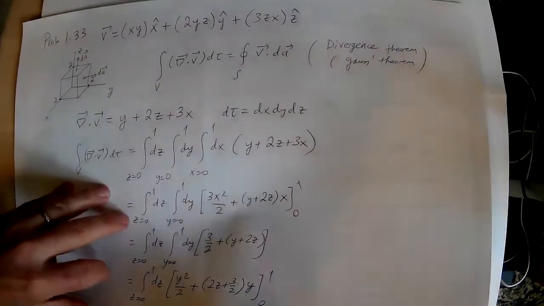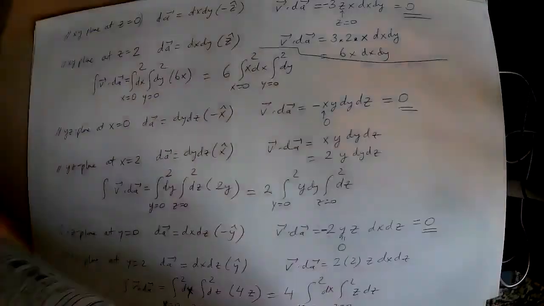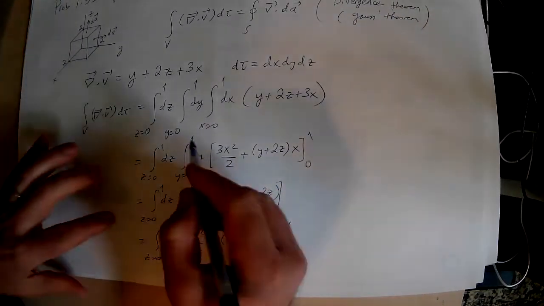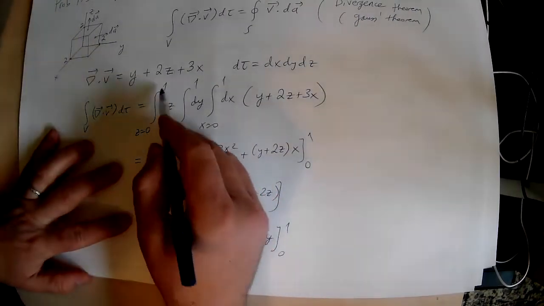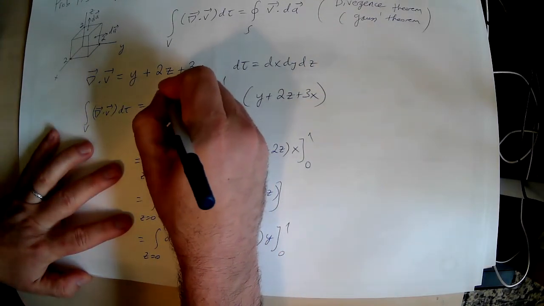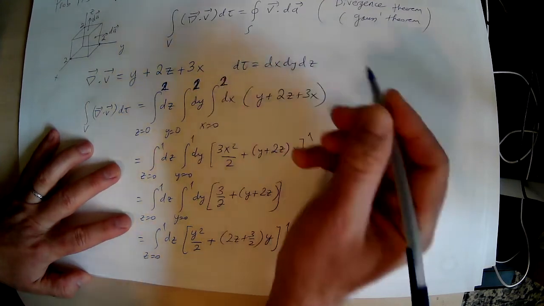For the volume integral, I found 3. Well, I realized I made a mistake with the integration limits. I believe the surface integrals are correct, but for the volume integral, I used wrong integration limits. Let's fix that. The integration limits had to be 0 to 2, not 0 to 1. So I need to just change all these, and it's going to create some changes, obviously, in the results of the integrals.